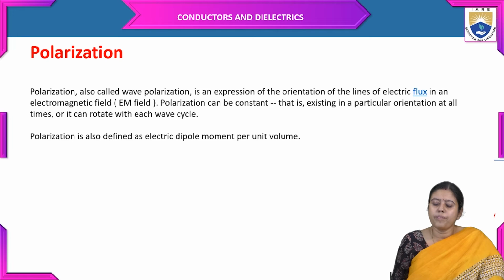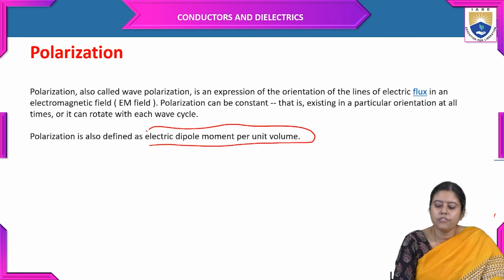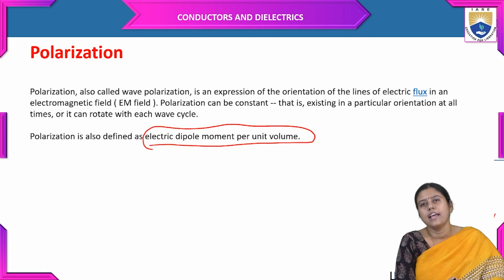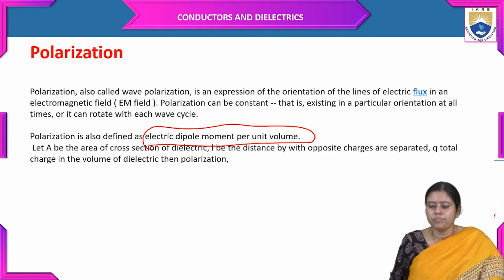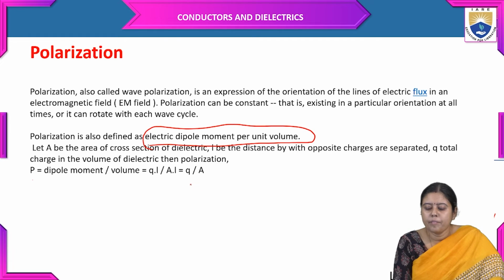Polarization is also defined as electric dipole moment per unit volume. The main definition of the polarization is electric dipole moment per unit volume. So we can write polarization capital P is equal to dipole moment per volume.